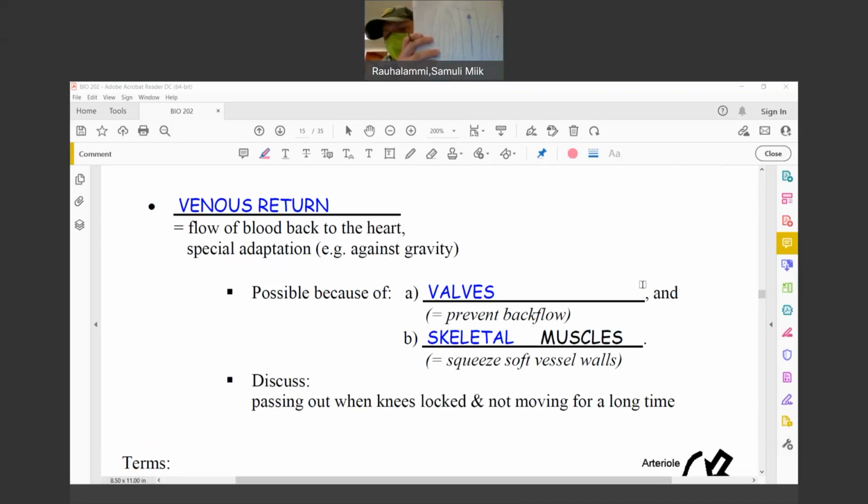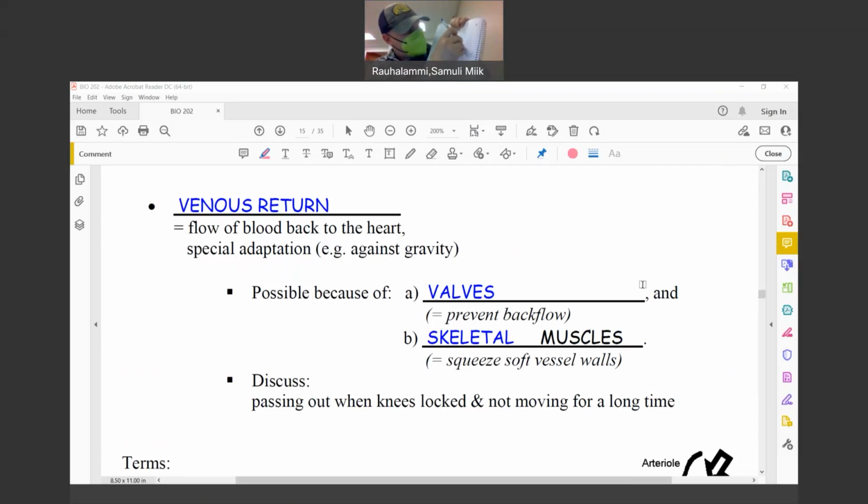Remember, we're constantly moving a little bit, so this constant little movement helps to pump the blood, squeeze it on within the veins backwards towards the heart. Similarly, the big respiratory movements, especially in the thoracic cavity, contribute to this significantly. The other thing that we saw with the veins was our valves.